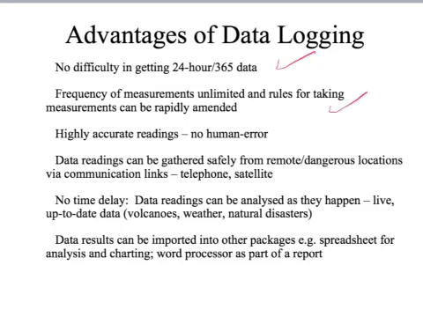Again, if there's any danger, send the robot in to do it. No time delay, so it can happen straight away, as we mentioned earlier on, or it can be stored up. And you can import the packages into other things like spreadsheets and word processing for analysis or reports.